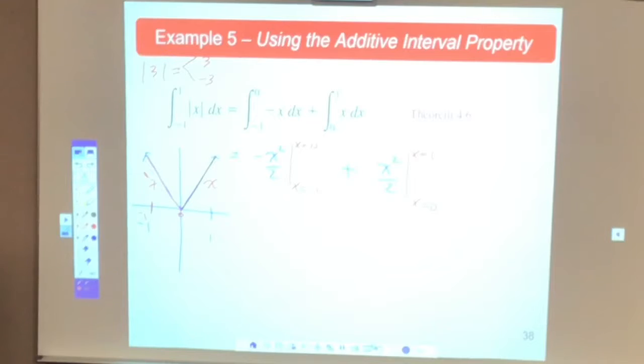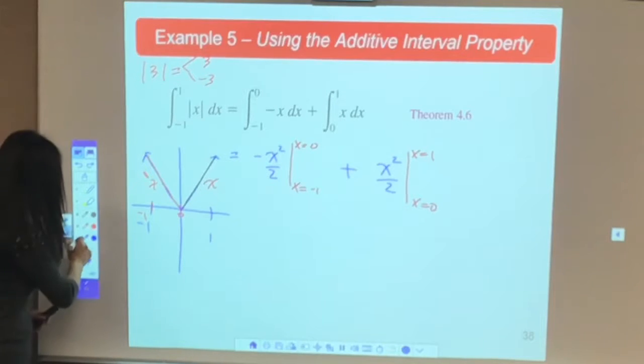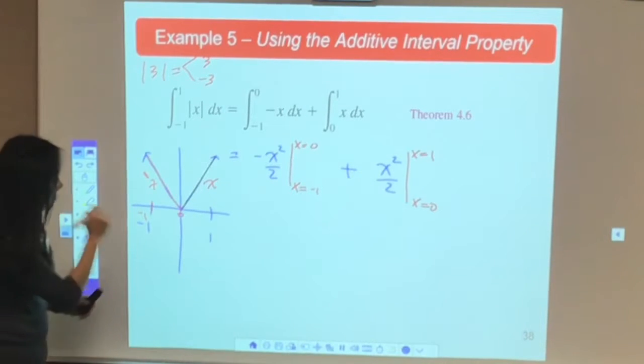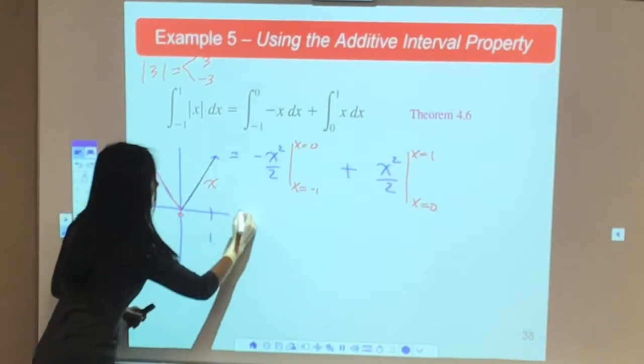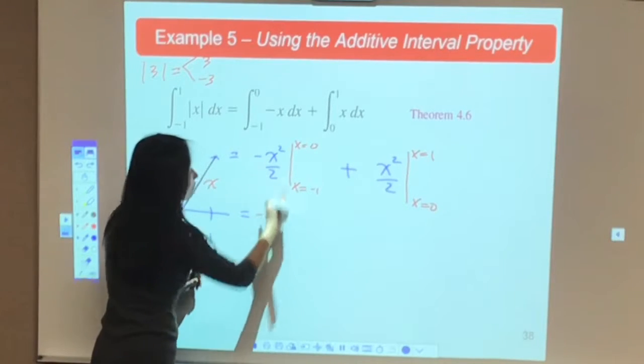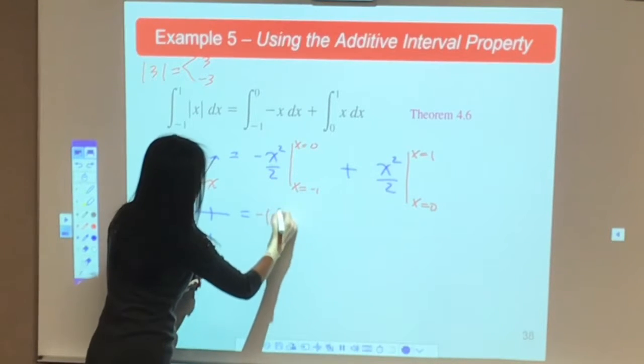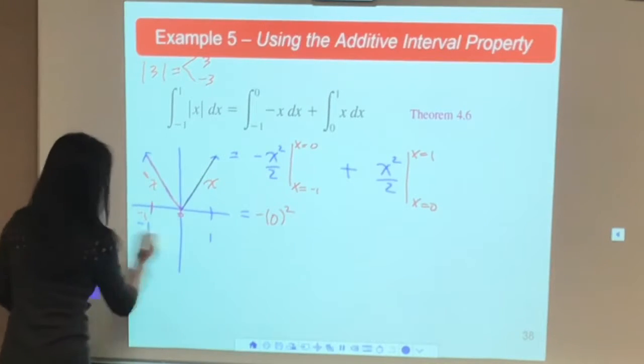Are you following me, class? I got it. Colin, are you with me? Okay. So what do I have here? I have a negative sign in the front, I will put 0. She has a question. Yes.